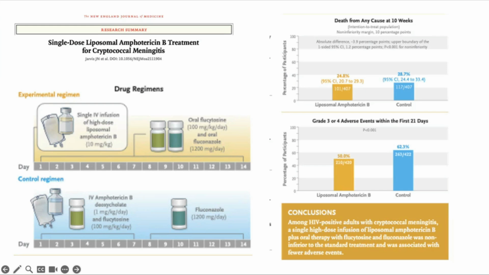It actually showed that death from any cause was lower in the experimental regimen, that single dose. But again, the comparison group was not what we typically do here. And here in the US, we typically are a high resource setting. And so we typically monitor people on our standard regimen because sometimes people do get worse after starting treatment and you need control of that intracranial pressure, which generally we like to monitor inpatient until they're improving.